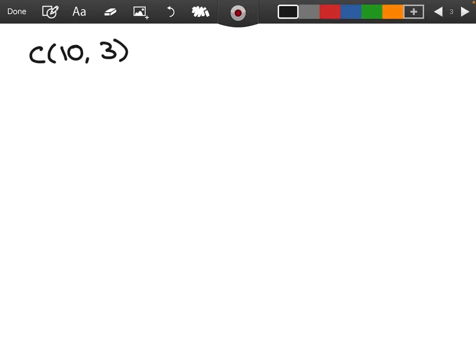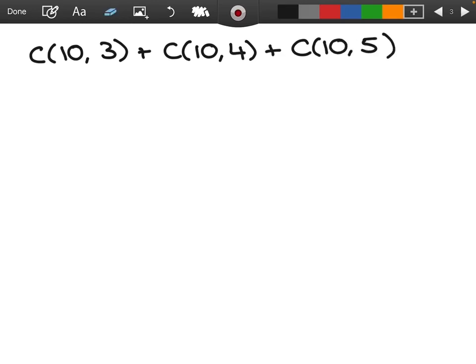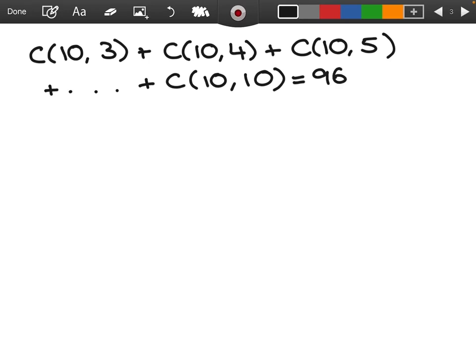So that would be the combination of having 10 things and you're choosing exactly 3, plus the combination of 10 where you choose 4. And you're going to keep going through all of these up to having 10 heads. If you did that, you should come out with 968.